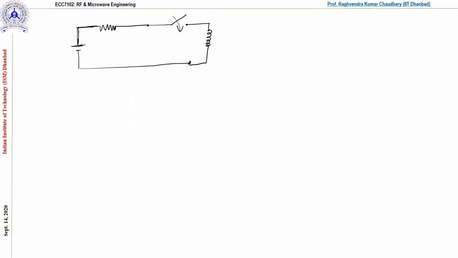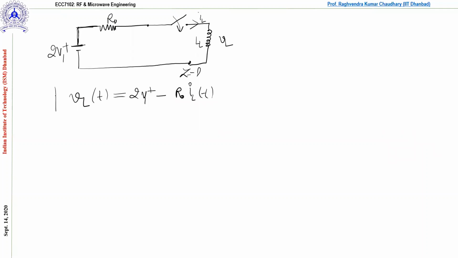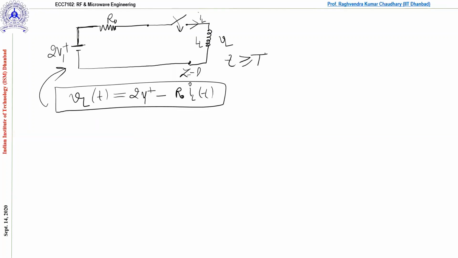This is IL, this is VL, this is Z equal to L, and of course this is 2V1 plus, and this is R0. Remember this equation, VL as a function of time: 2V1 plus minus R0 IL. It is better to form the circuit. Can we do it? Yes, definitely. So this is the equivalent circuit at the load end for t greater than or equal to capital T.